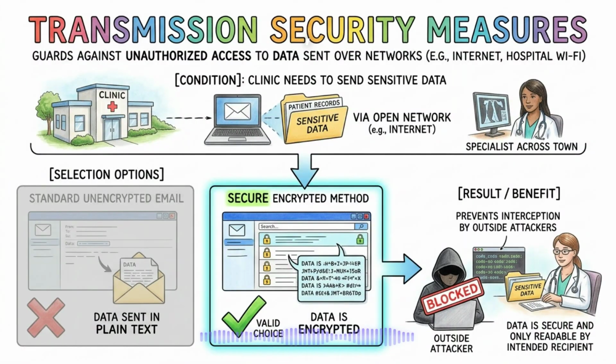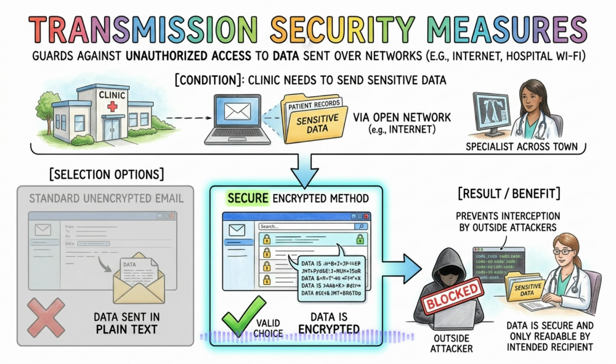Healthcare organizations constantly send data over networks, making transmission security a major focus on the exam. Transmission security measures guard against unauthorized access to data while it is being transmitted over an electronic communications network, such as the internet or a hospital's internal Wi-Fi.